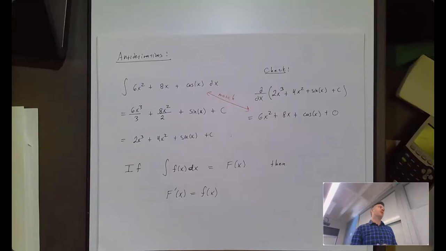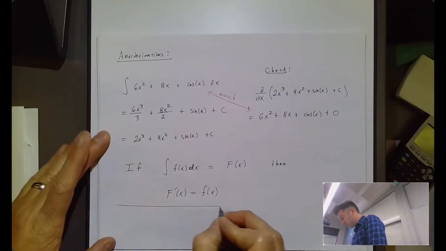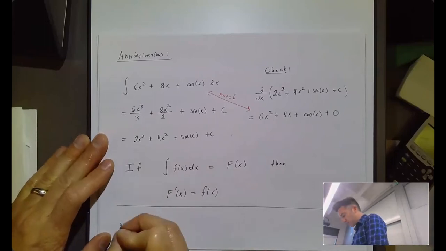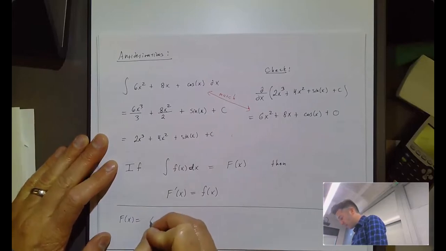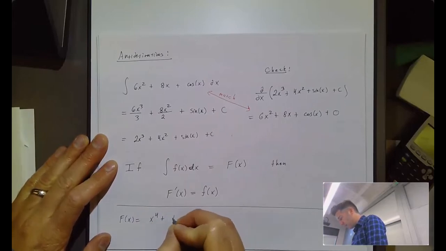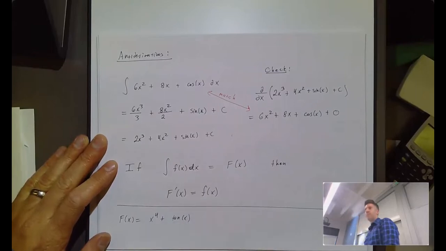I will say there is one small caveat. If you start with a function, take the derivative, and then take the antiderivative, you don't exactly get back what you started with. Here's what I mean. Let's say I started with capital F of x equal to x to the fourth plus tangent of x.